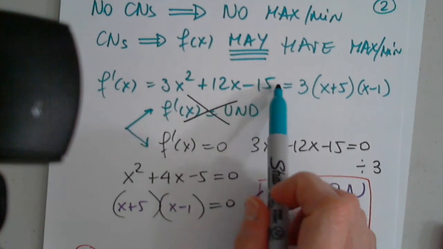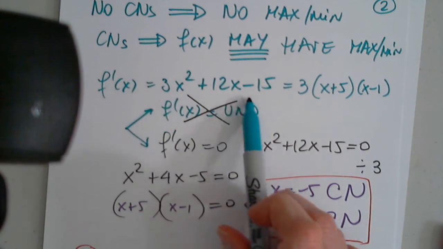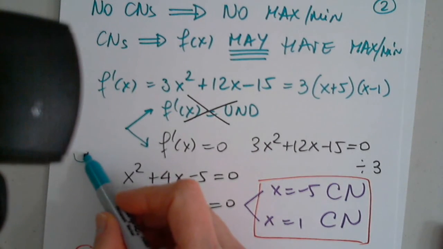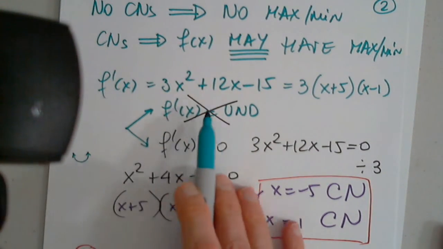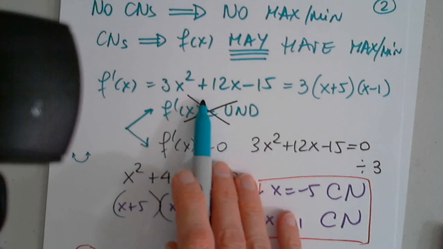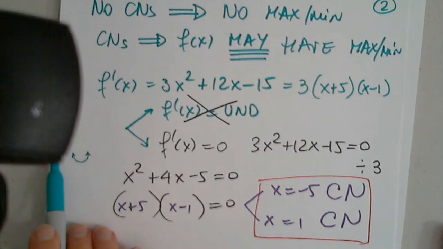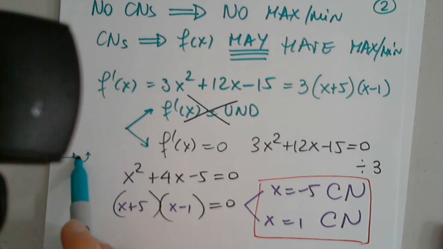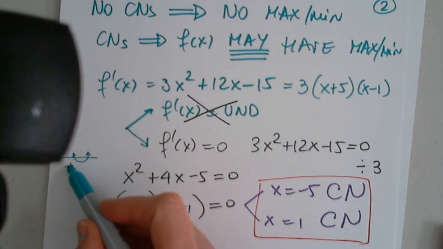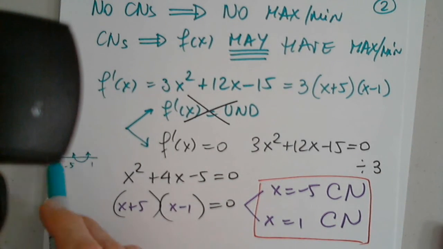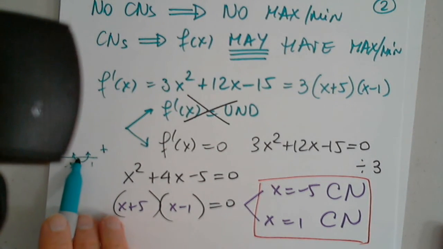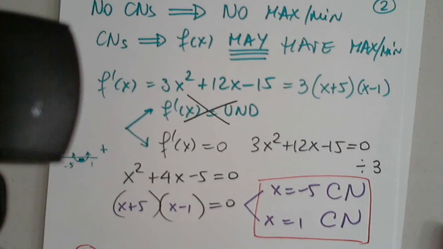So I know that this is a quadratic function that looks like this. And you can say, are you graphing the derivative? No, I'm not. I'm only talking about the sign. And I know that it crosses the x-axis, as we know, at negative 5 and 1. It's definitely positive outside the solutions and negative between the solutions.